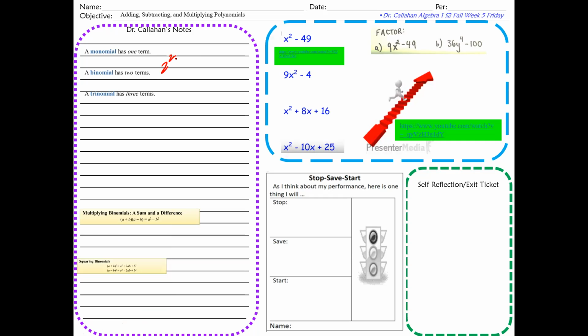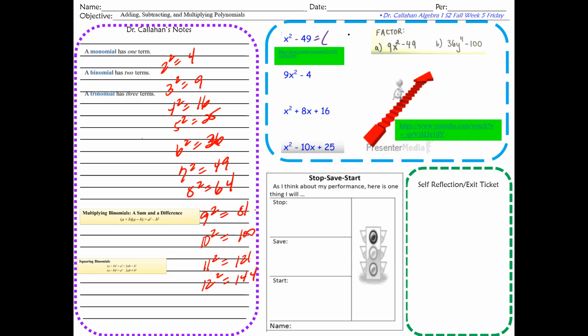Perfect squares are like 2 squared equals 4, 3 squared is 9, 4 squared is 16, 5 squared is 25, 6 squared is 36, 7 squared is 49, 8 squared is 64, 9 squared is 81, 10 squared is 100, 11 squared is 121, 12 squared is 144. So keep that in mind, those are the perfect squares.